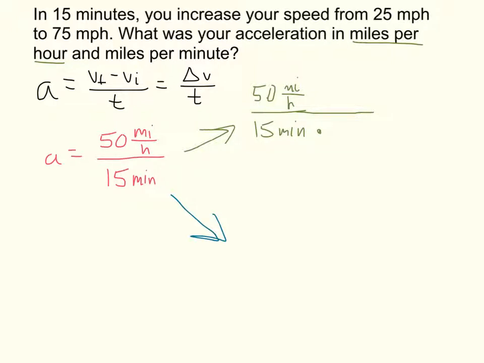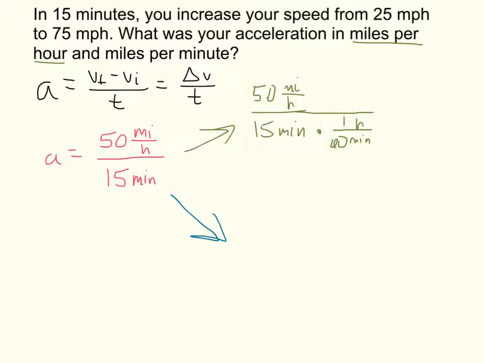That way, nothing changes. So in order to do that, we're going to convert these minutes to hours by putting minutes on the bottom so they cancel out, and we'll put hours on the top. 1 hour equals 60 minutes total.